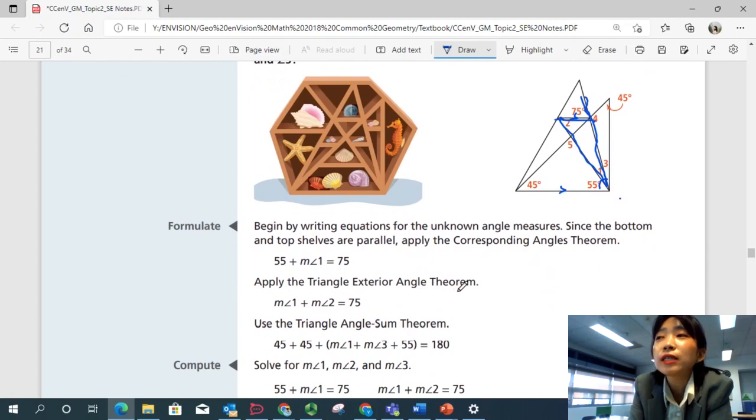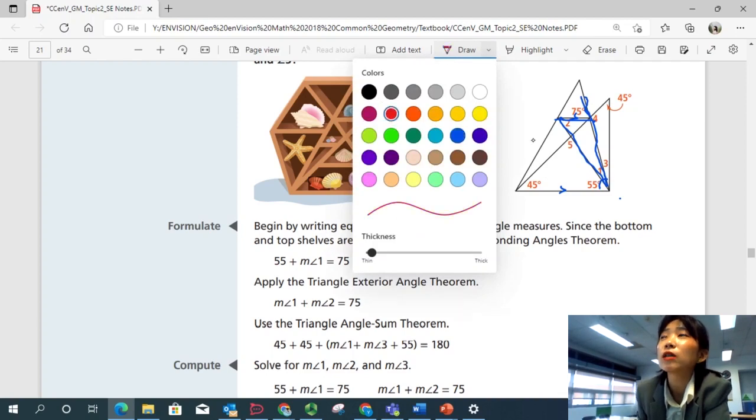And using these equations, oh, we have one more. Using triangle angle sum theorem, we can say that 45 plus 45 here, plus measure of angle 1 plus 3 plus 55 is equal to 180 degrees. Now we're looking at this bigger triangle.